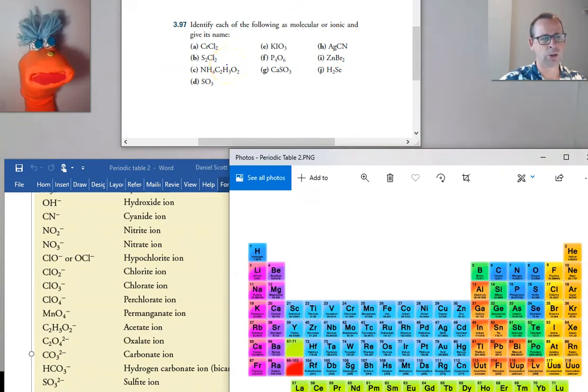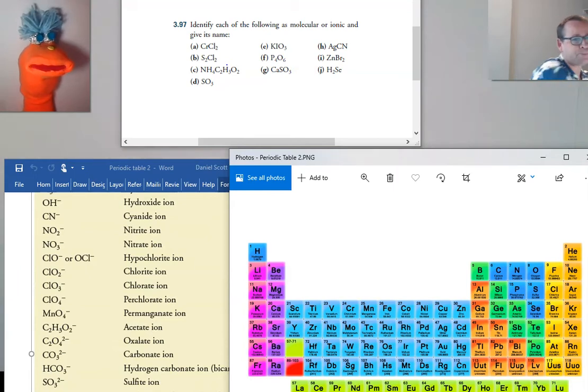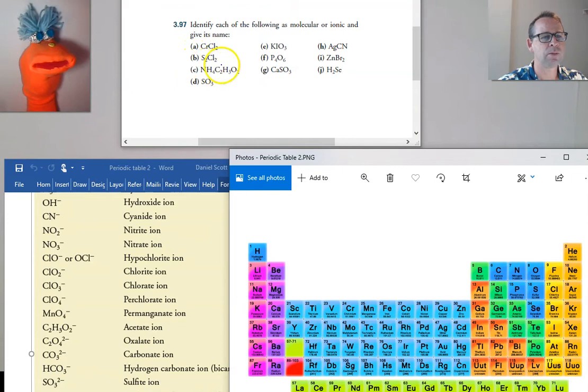That's ionic. Contains a metal. Very good. It's easy to tell if it's ionic if it contains a metal. Another way of reminding ourselves that it's ionic is if it is made of ions. I mean, that's in a way an easier way, but it's not always necessarily clear. Okay, so B. What's B?